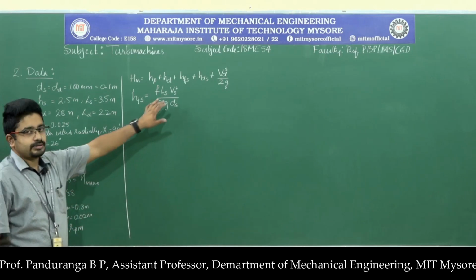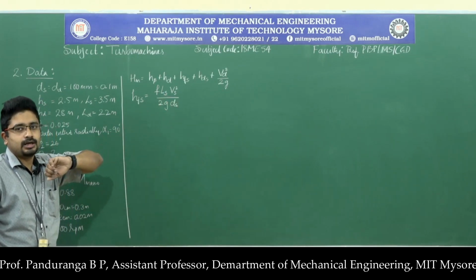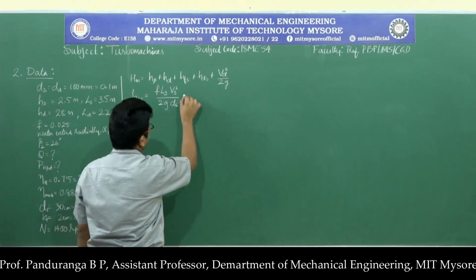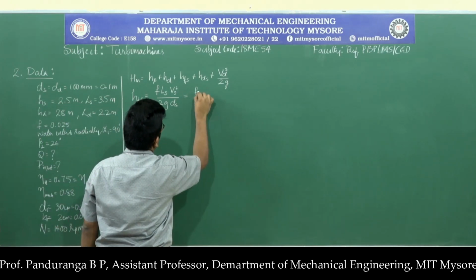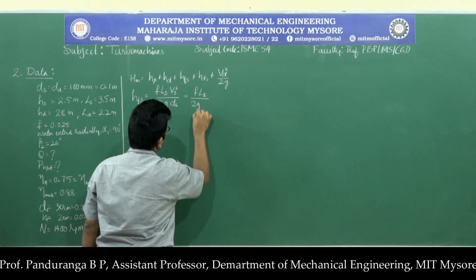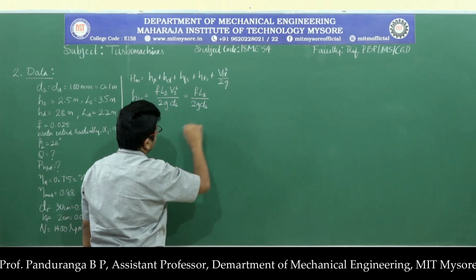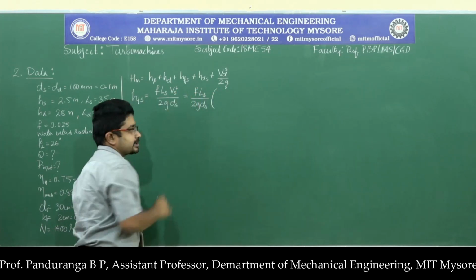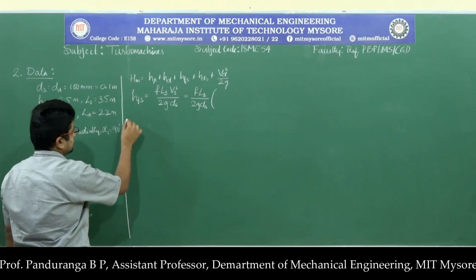But we don't know the velocity in the suction pipe, so I will write that in terms of discharge. So this can be written as f Ls divided by 2g into ds multiplied by velocity.